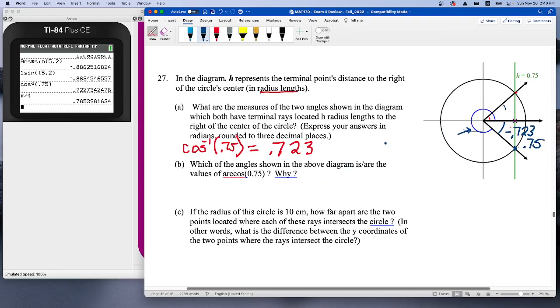So for the blue angle, we've already taken our inverse cosine part.